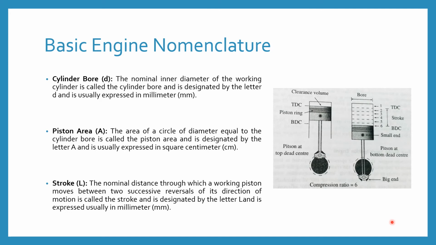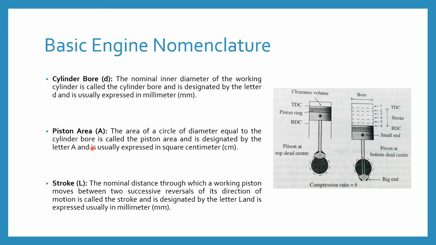This bore is designated by the letter small d, and it is usually expressed in the unit of millimeter or mm. Besides this, the bore is also known as the outside diameter of the piston face.